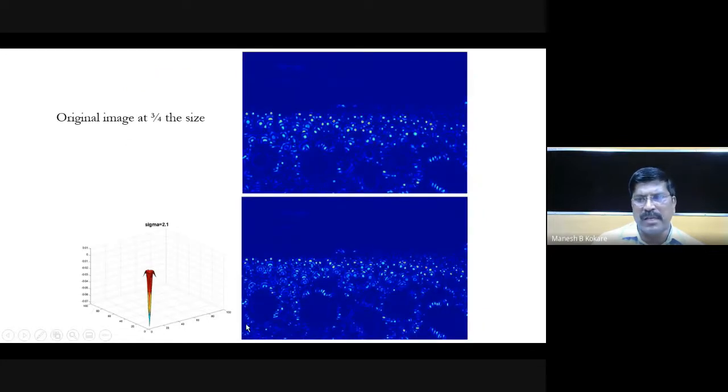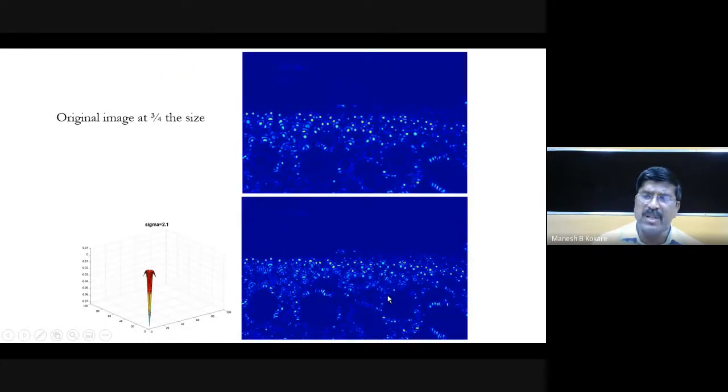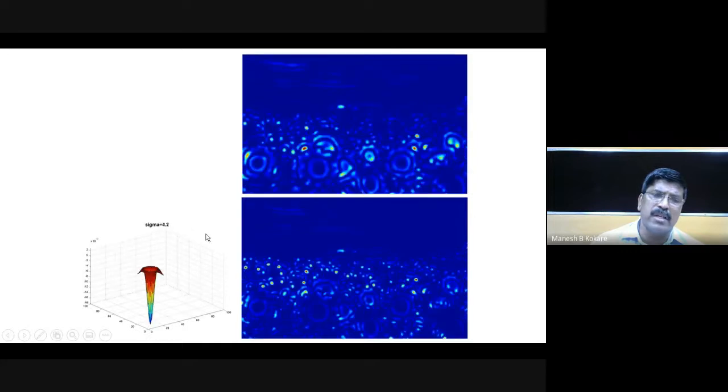For a smaller scale, it will detect the smaller objects very prominently, whereas larger objects are not detected prominently, because smaller objects are at the back side, where larger objects are at the front side. As the scale goes on increasing, it will detect the medium-sized objects, whereas large and small objects are less detected.